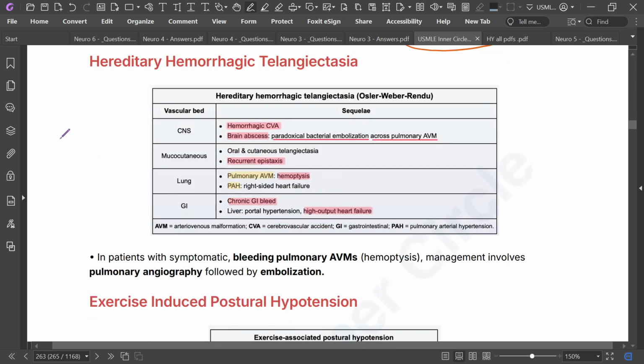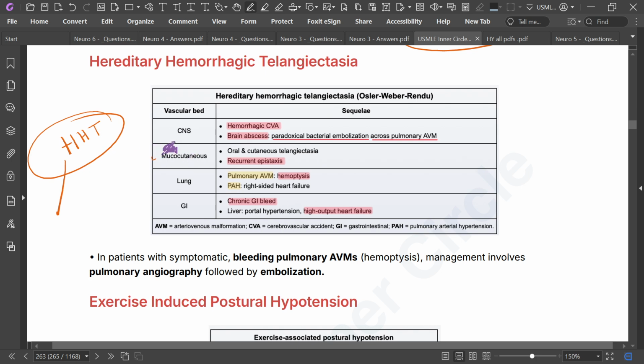Okay, HHT, hereditary hemorrhagic telangiectasia, also known as Osler-Weber-Rendu syndrome. There may be hemorrhagic CVA, a cerebrovascular accident, brain abscess, and paradoxical embolization across the pulmonary AVM.